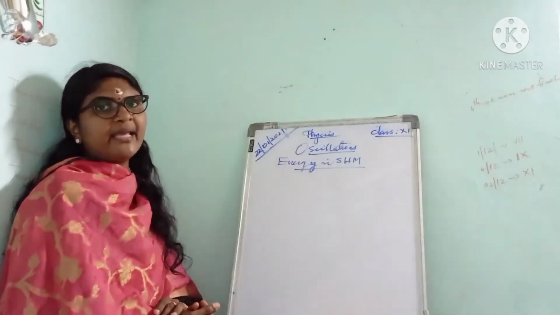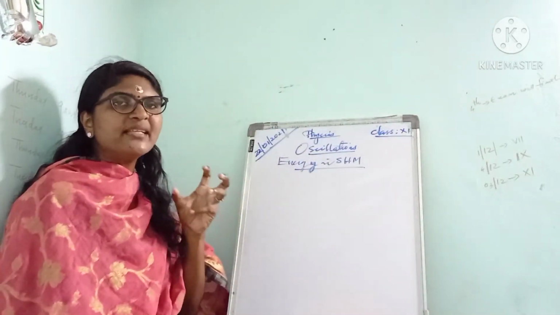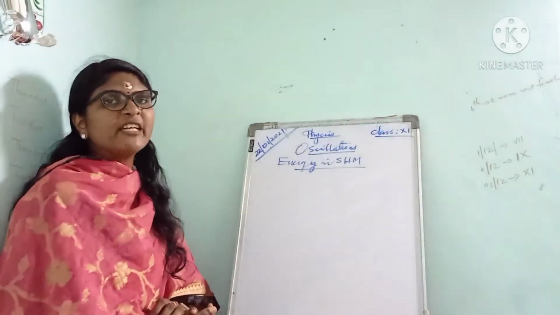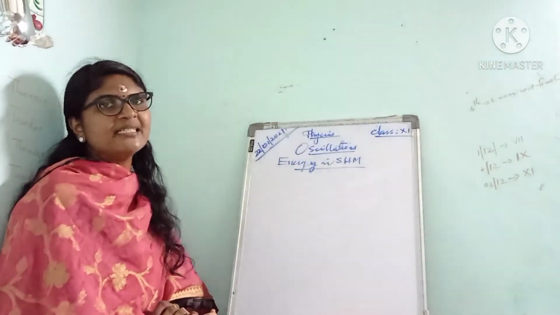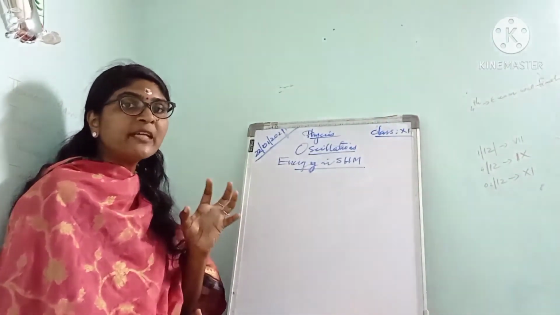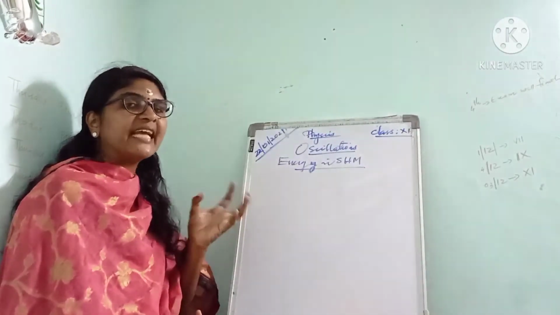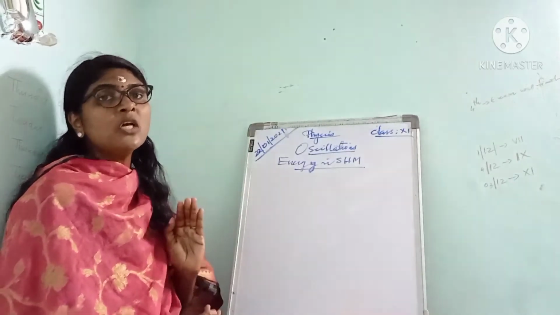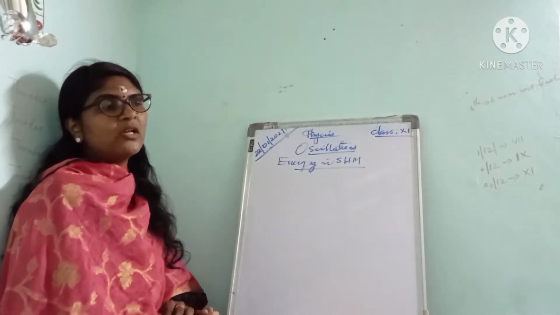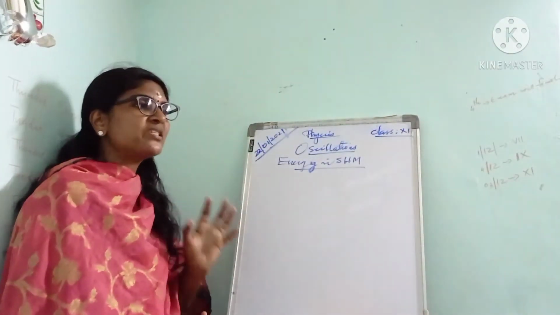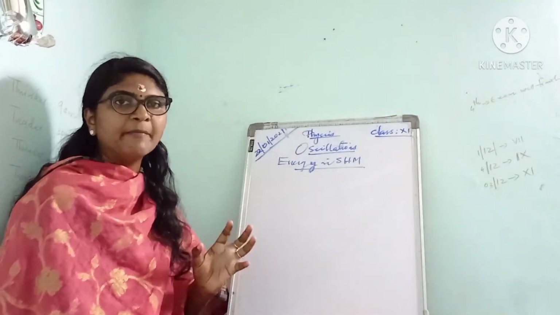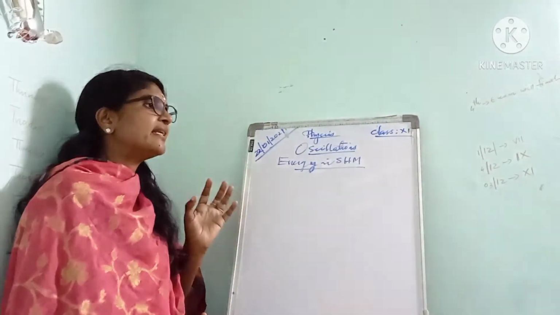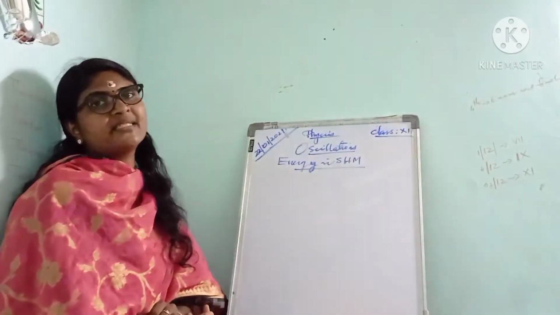The energy possessed by a particle executing simple harmonic motion is partly kinetic and partly potential. So the mechanical energy is actually the sum of kinetic energy and potential energy, isn't it? Although the kinetic energy and potential energy vary with time, the mechanical energy remains constant.